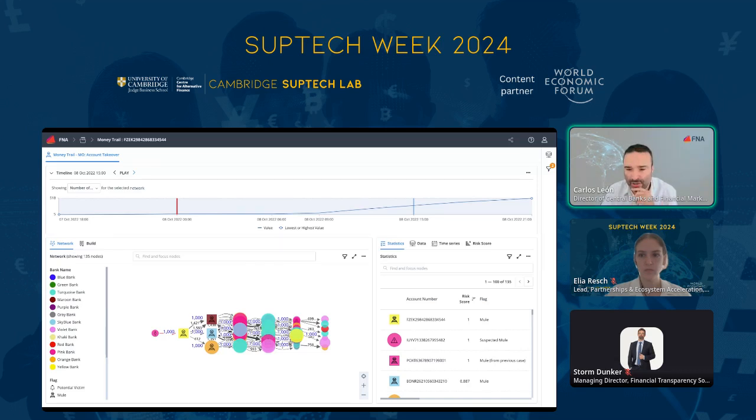So in the jurisdictions where we're live right now, the amount of funds that have been recovered has increased manifestly, and obviously this helps a lot. From the pre-settlement side of things, having this type of network analytics to update almost in real time the pre-settlement solutions, I mean the detection solutions, has helped a lot also to increase the efficiency and the accuracy of the models. So I'll stop here.